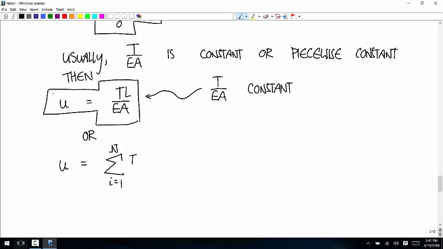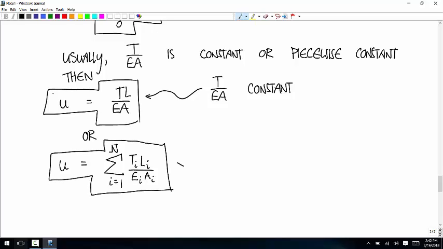All of these things can vary. So it's just going to be this sum over i, Li over, I guess we can put all these in. That E isn't really ever going to change that I can think of, but everything else could. So this is the version of it if P over EA is piecewise.